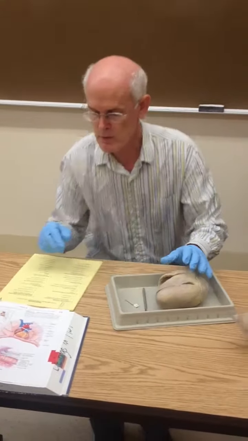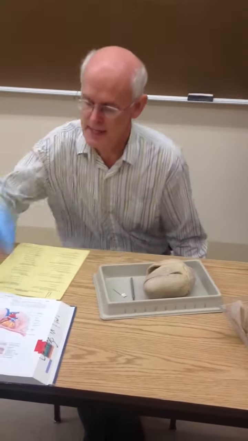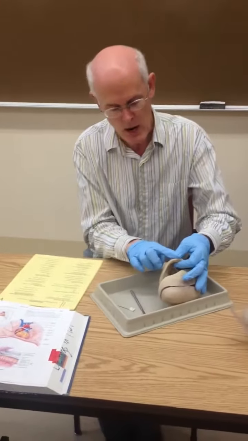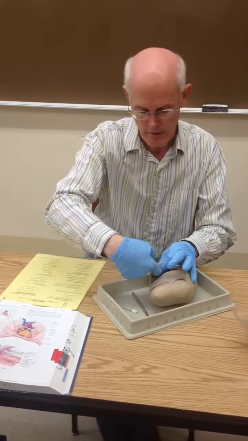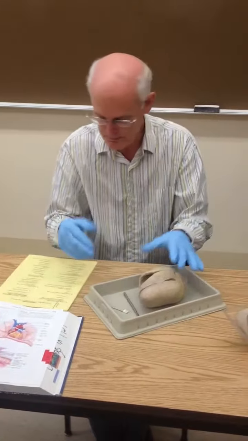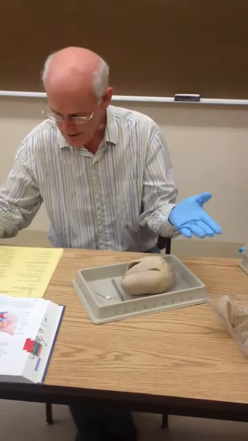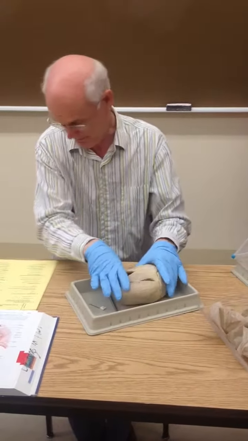So that would be the layers of the wall. You can see, even from this picture, that the myocardium is most of it. It's really paper thin on both sides, and the muscle is virtually the whole thing.